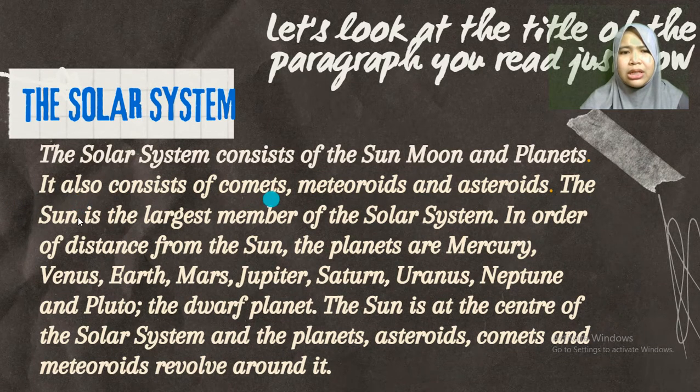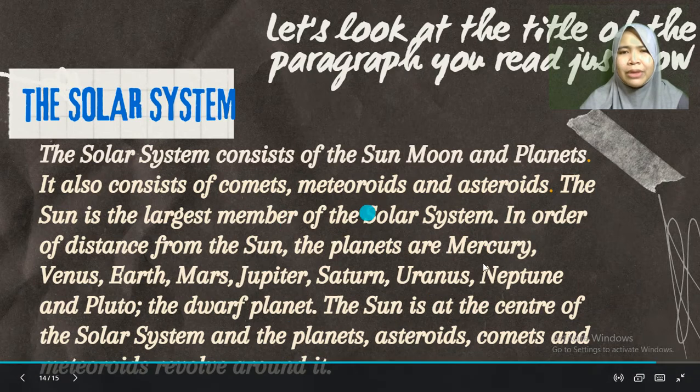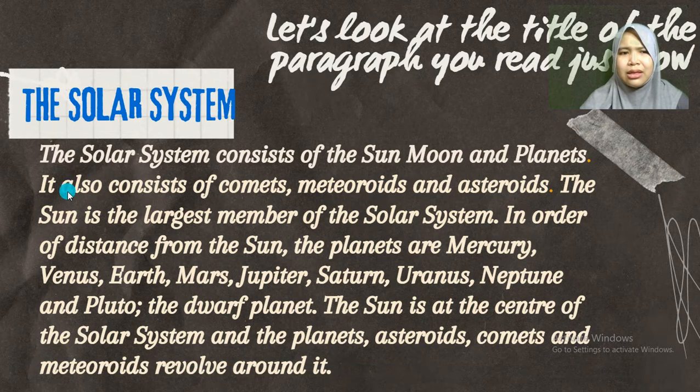The supporting details is the criteria or what we have in our solar system. Like the sentence here, it also consists of comets, meteoroids, and asteroids. So this sentence here is the supporting details of the main idea. The sun is the largest member of the solar system. Still a supporting detail for our main idea.